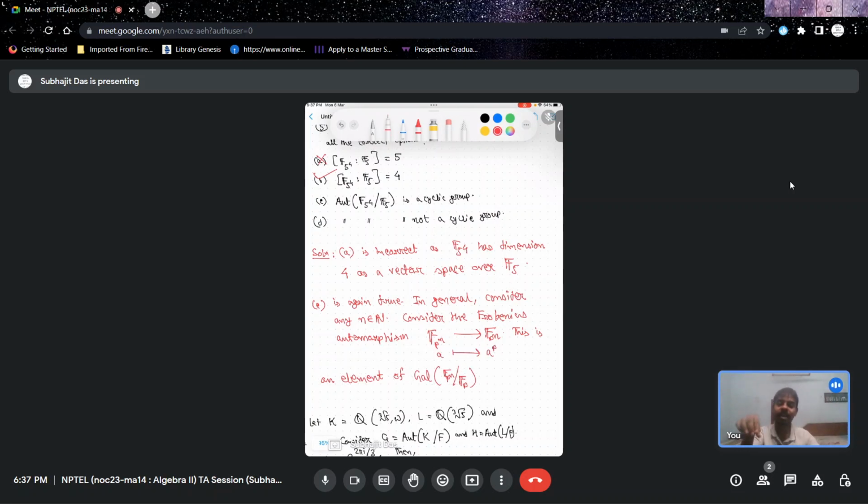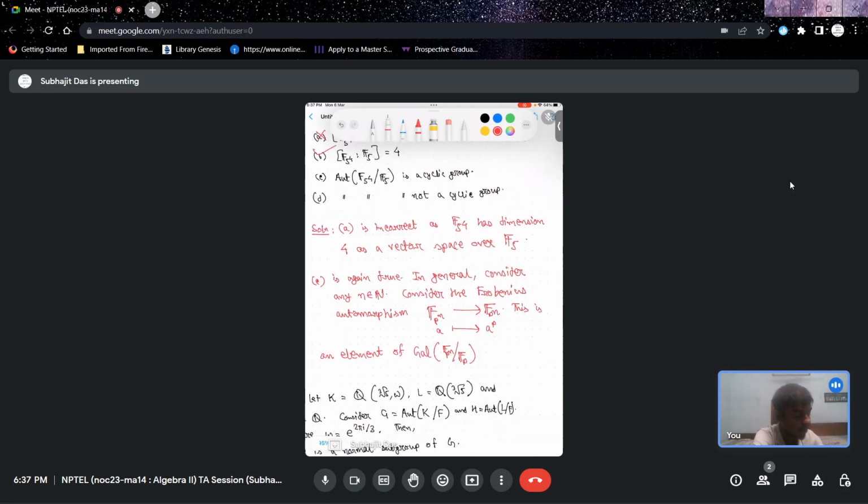So check that every element of Fp will be fixed, precisely because every element of Fp satisfies the polynomial x to the power p minus x. So it certainly fixes every element of Fp. So it is an element of the Galois group of Fp power n over Fp, and it generates the group. So you have to check this if it was not covered, and if you have any questions you can ask me, but it's very easy.